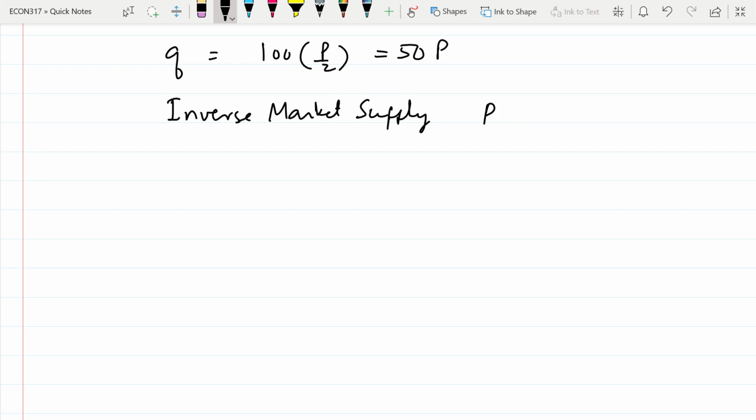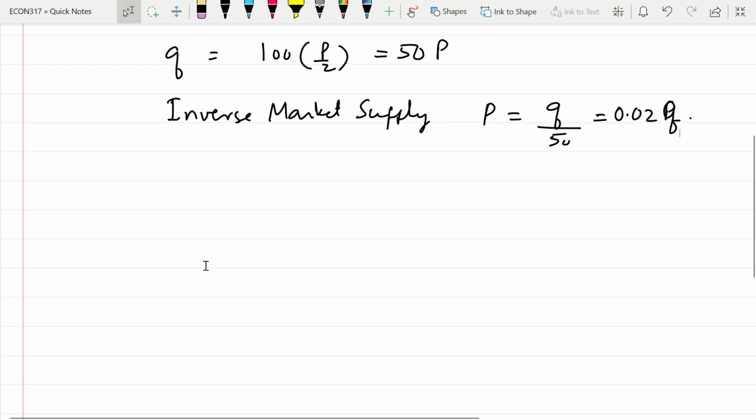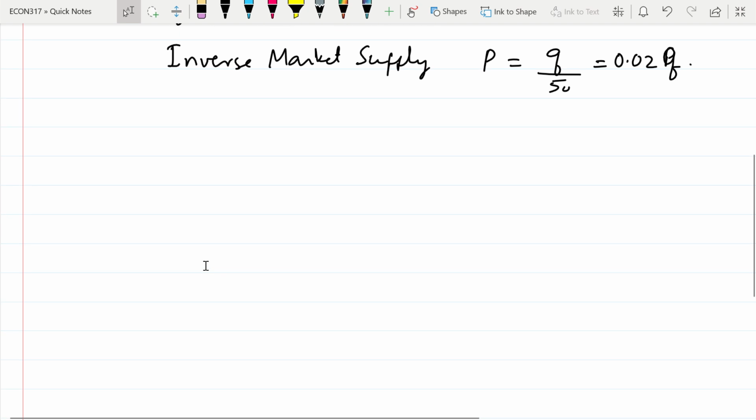So I get P equal to Q over 50. We could also write it as 0.02 Q. So now we can draw the graph for both the individual firm supply as well as the market supply.